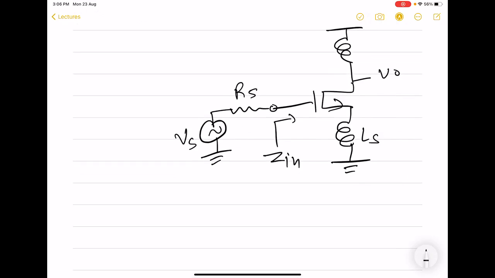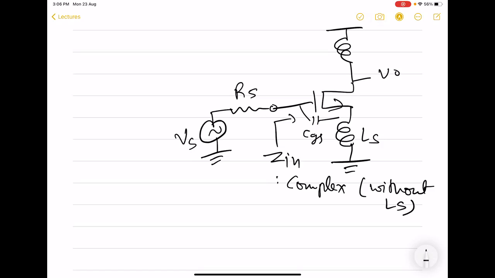So in this case, there will be gate to source capacitor here, and that is why this in general is going to be complex. Without LS, in fact, with LS also it will be complex. So Zin is capacitive in absence of LS, so we need an inductor at a suitable location to neutralize that capacitive nature.